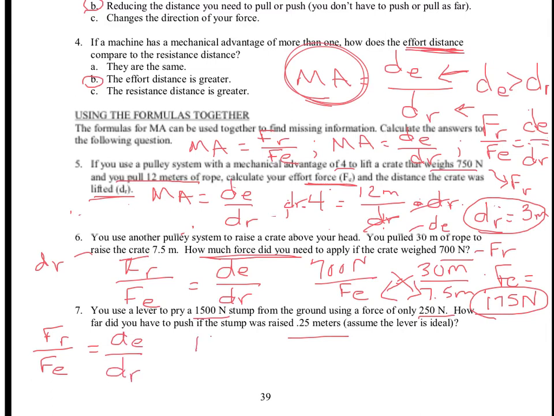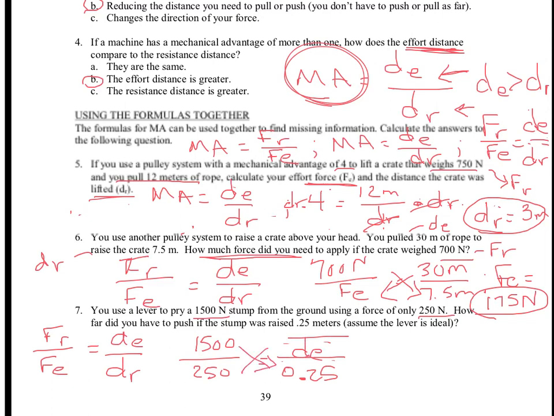That's going to be 1,500 divided by 250 equals DE over 0.25. Oops, put that in the wrong place. 0.25 is my resistance distance.